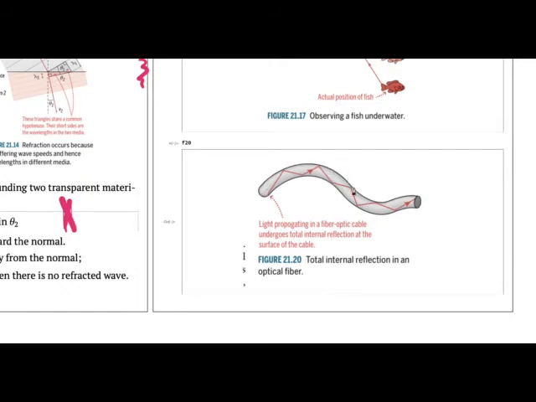Visible light is carrying the signal. It's carrying the signal along this fiber, which is a transparent piece of some kind of plastic material.